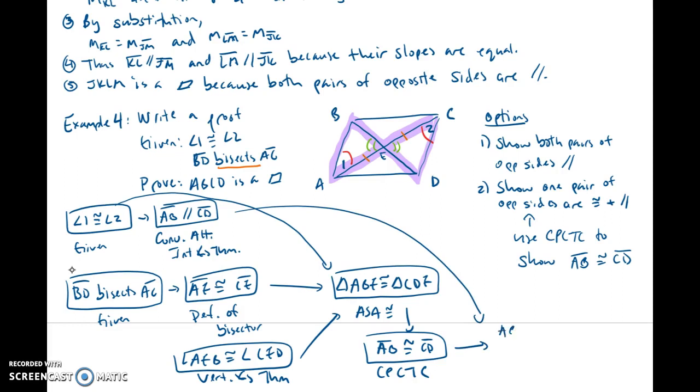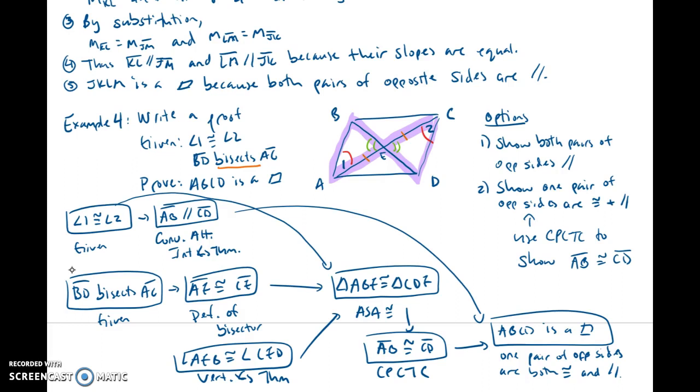So then ABCD is a parallelogram. And that's because one pair of opposite sides are both congruent and parallel. And we're done.